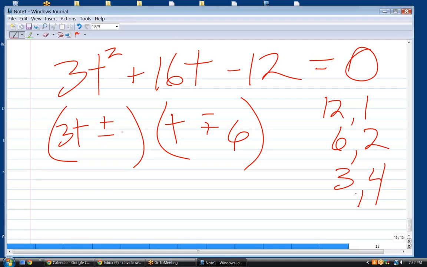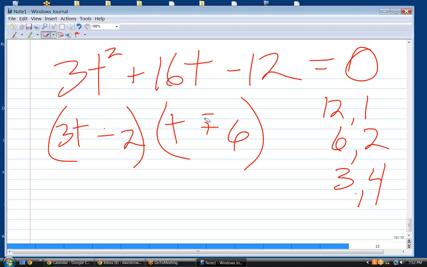So the 2 would be with the minus. Does that work? In other words, it's not 100% trial and error. After you try a couple of factors, you realize that you need a big number multiplying a big number. Does this work? It does.